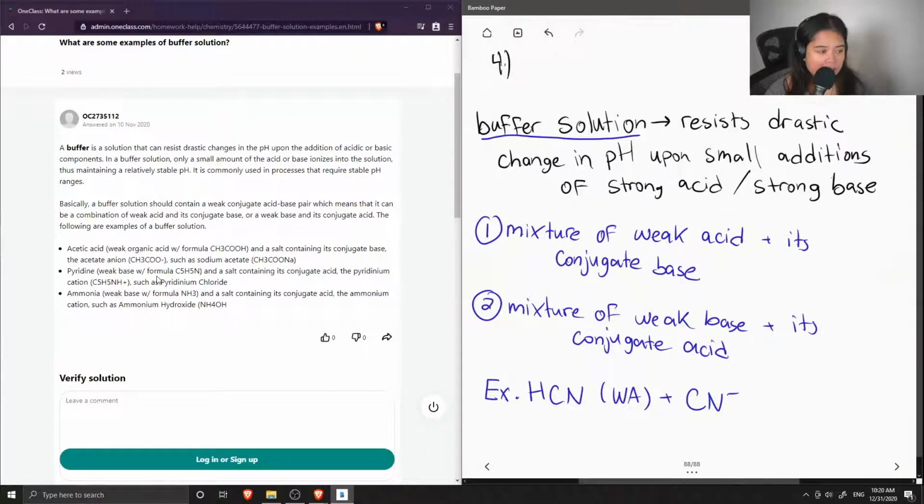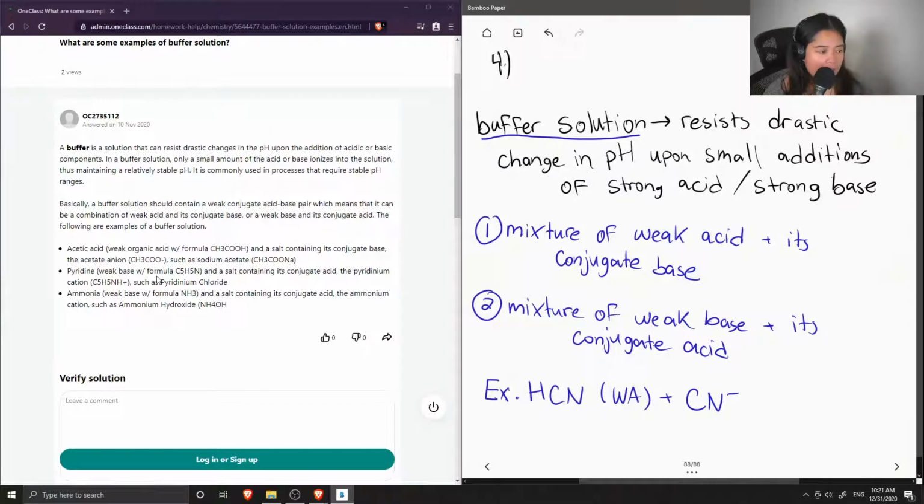Following are examples of a buffer solution. So you could have acetic acid, which is a weak organic acid with the formula CH3COOH, and a salt containing its conjugate base, the acetate ion. So this is like sodium acetate, CH3COONa. Pyridine is a weak base, and a salt containing its conjugate acid, the pyridinium cation, such as pyridinium chloride.